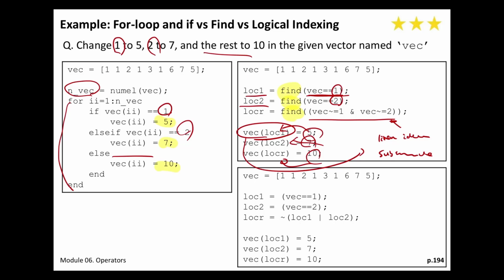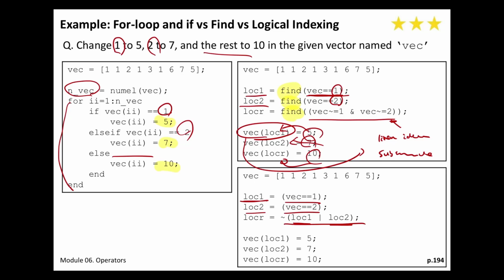Okay, here we generate just the logical vector. This L1, location 1, 2, is just a logical vector. This is the rest of the location. How to find that? Location 1 and location 2 are logical vectors where true is the location that satisfies this condition. Otherwise, it's false, right?